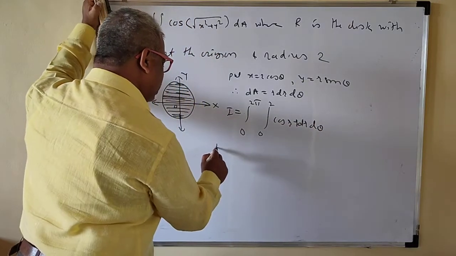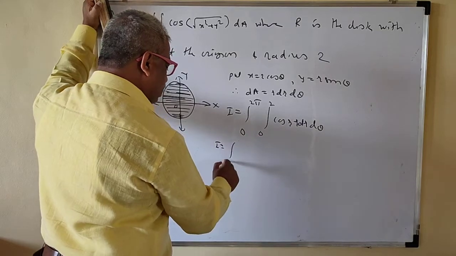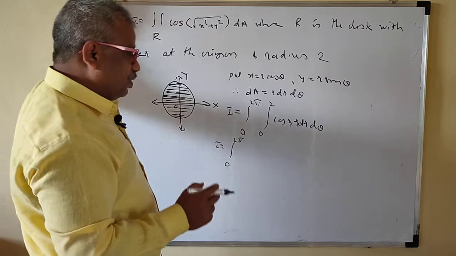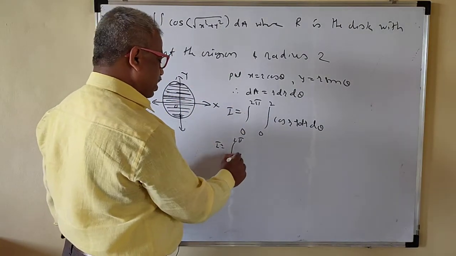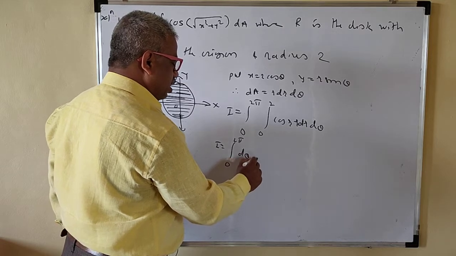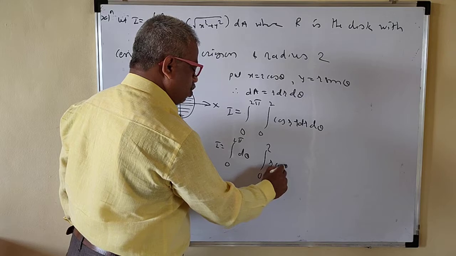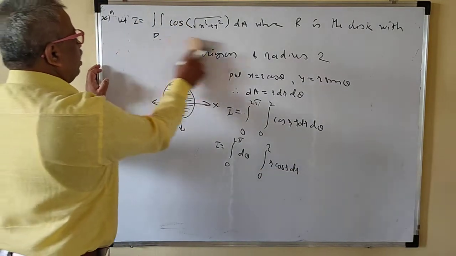Okay. So I can write this as, see, this is only the function of r, no function of theta. So I can separate this integration because this is the product of two functions, right? Explicitly a function of r and a function of theta. So I can write the separate integration for theta and r. So 0 to 2 of r cos r dr. Now this part you can easily integrate.